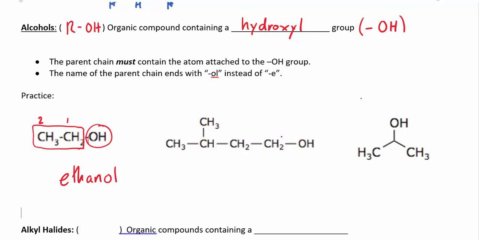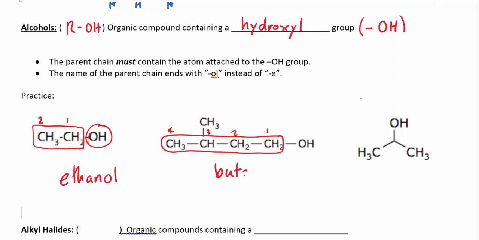Take a look at this example here. Our parent chain is going to be this one that we can see here. Now, in this case, we are going to number our carbons, and in this case, it is going to matter. I'll number from this side here, just to make this hydroxyl group the lowest number possible. 1, 2, 3, and 4. We can see that since it's a 4-carbon chain, then it is going to be a but.